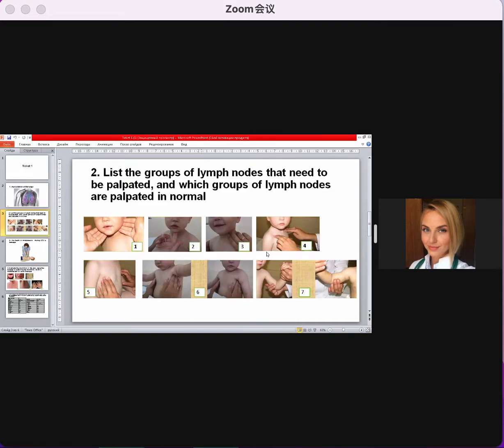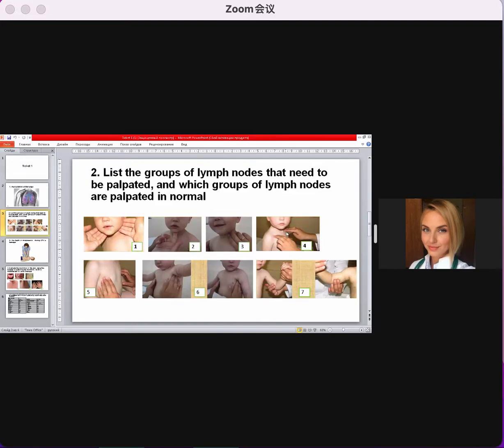So number 3 is also normal. Please look at the chat in the Zoom. Casey wrote the lymph nodes not palpable in normal condition. So number 3 is normal.